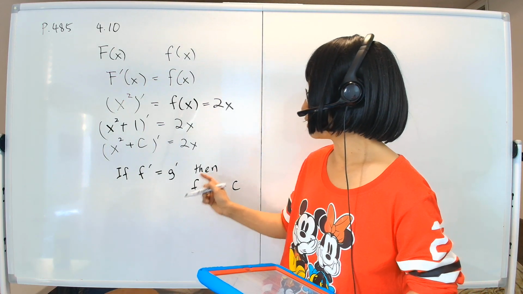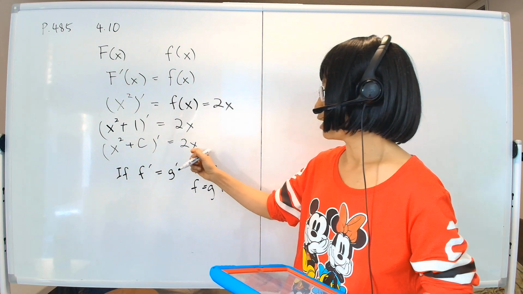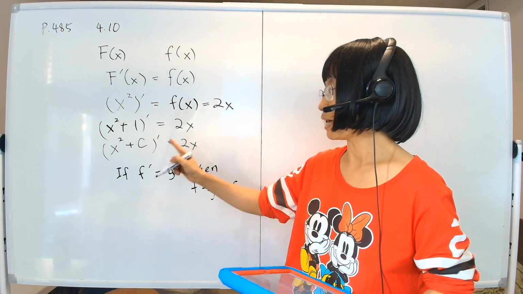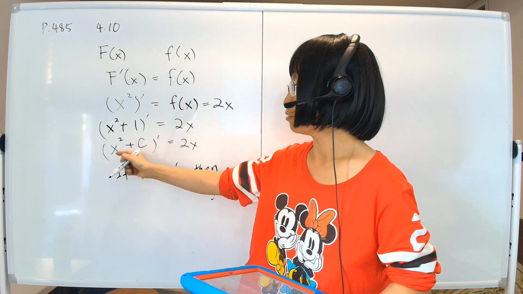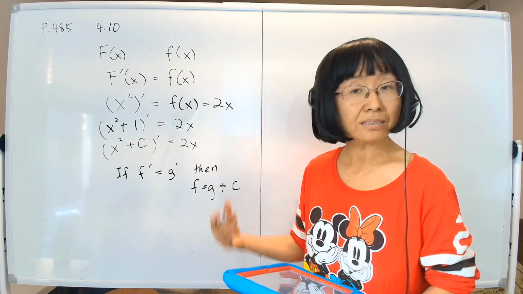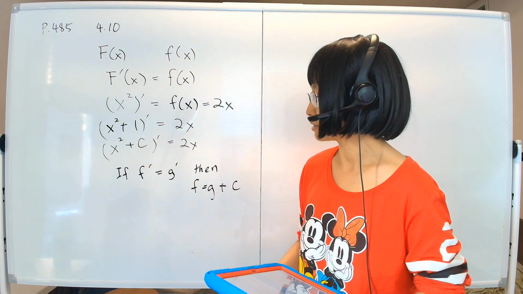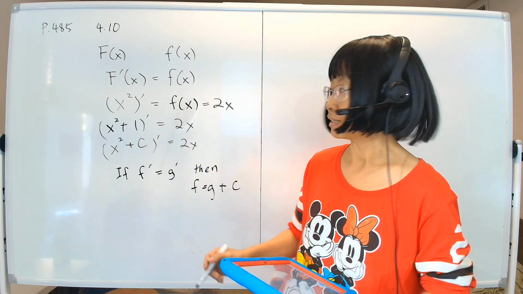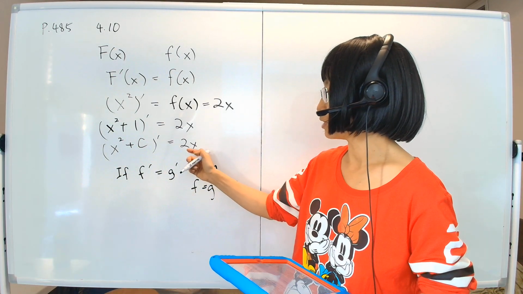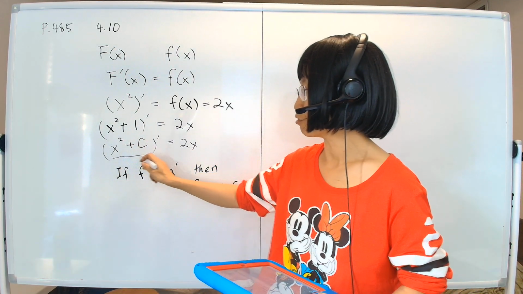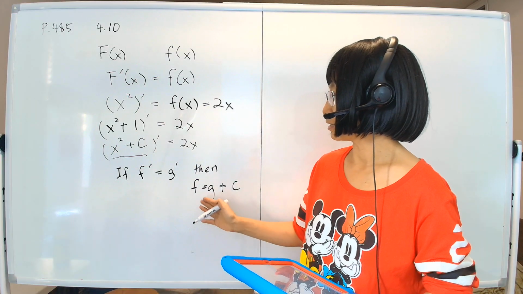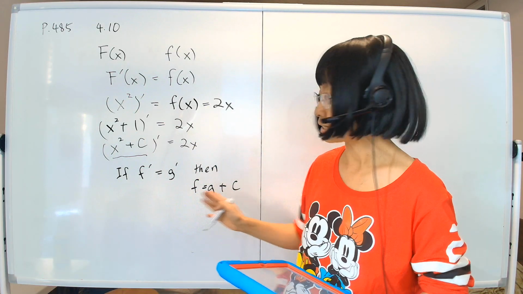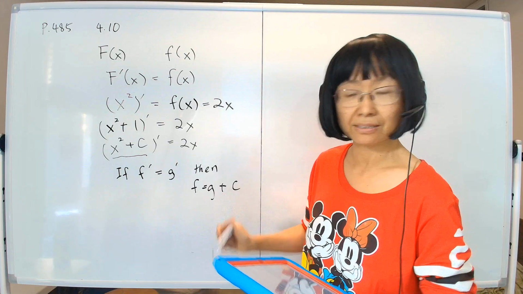Which means if there is another function whose derivative is equal to 2x, then it has to differ from this function by a constant only. In other words, add another constant in there. There is no other function whose derivative is 2x except in this form, because any other function has to differ by only a constant.